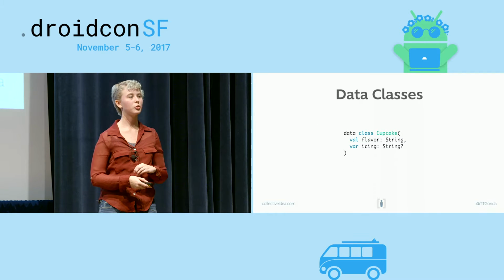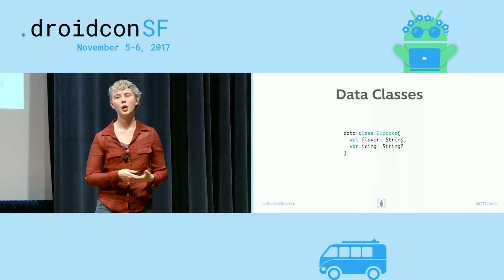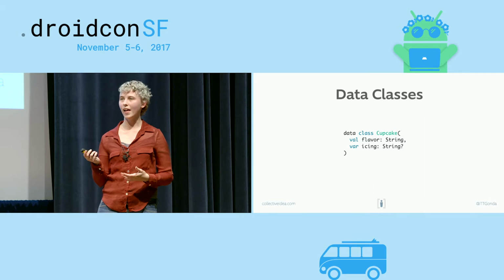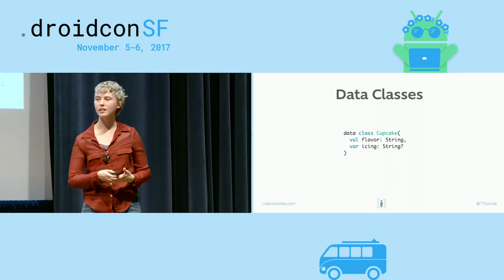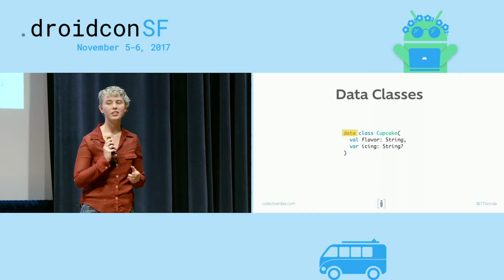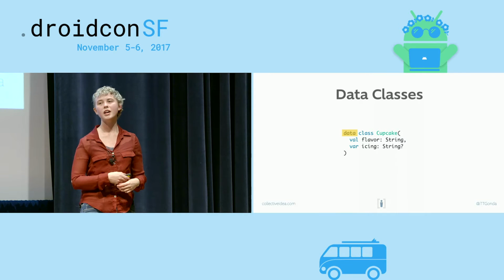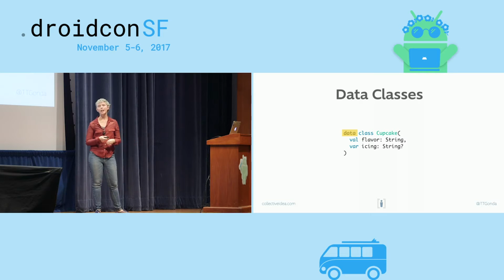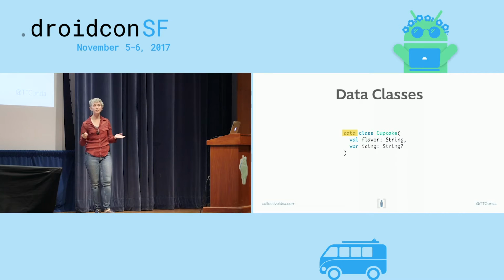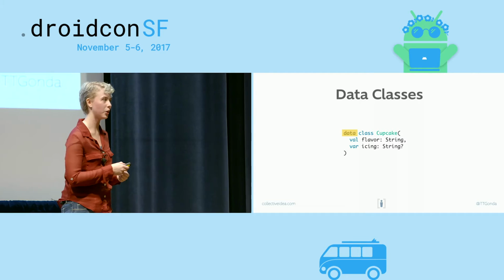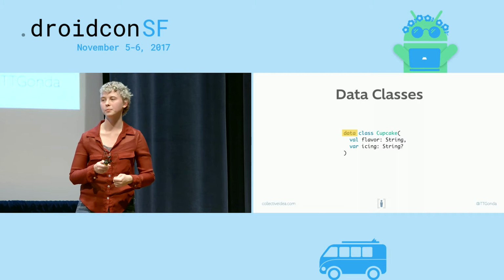All right, so we looked at a simple class, but we can also have a data class. We make something a data class by just adding this data keyword at the beginning of the class declaration. Now, I could go through and describe to you what it means to have a data class, or we can just decompile this bytecode and see what we get. So, are you ready for this?